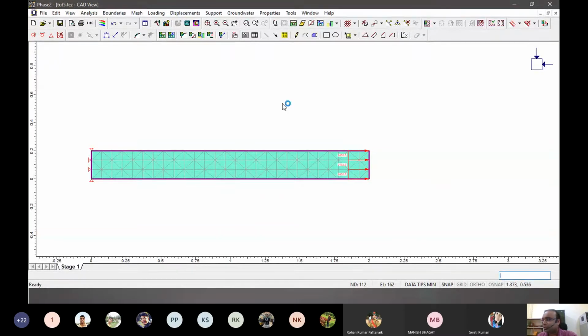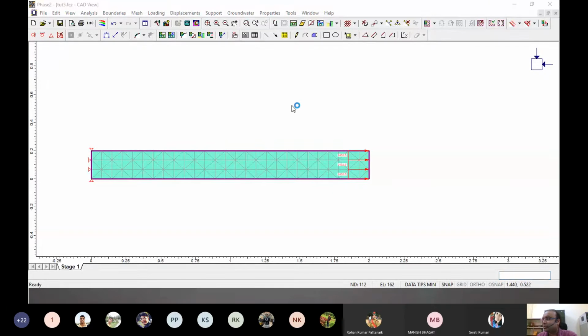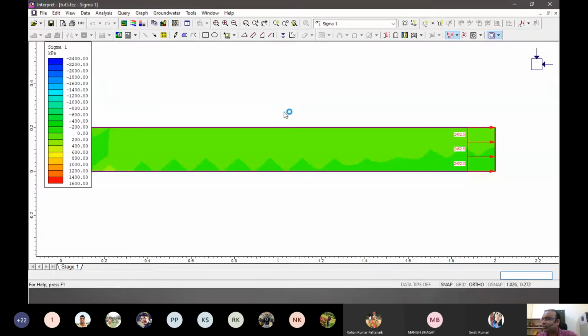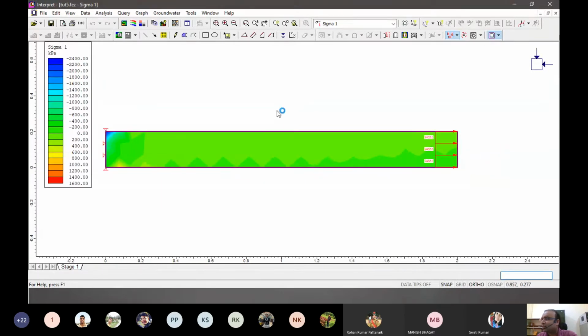Compute. Okay. And what you will get is something on these lines. Not much.